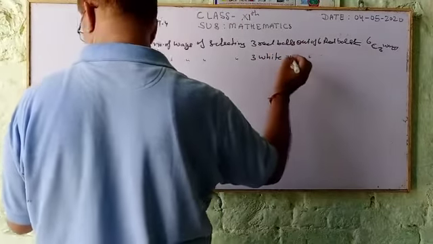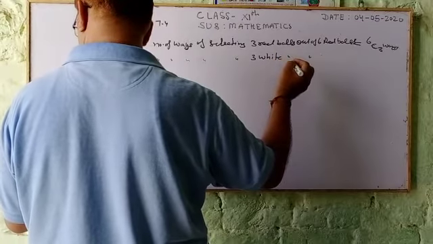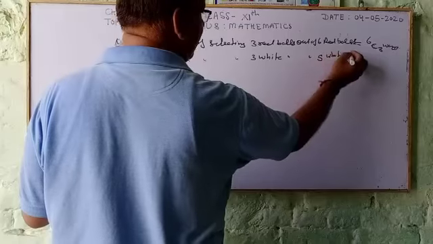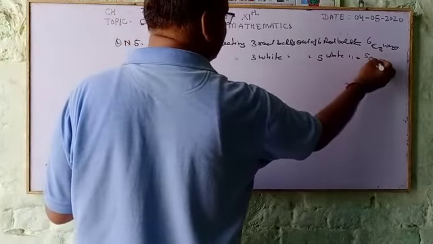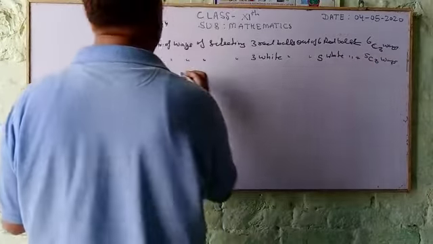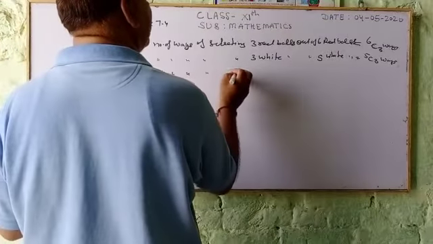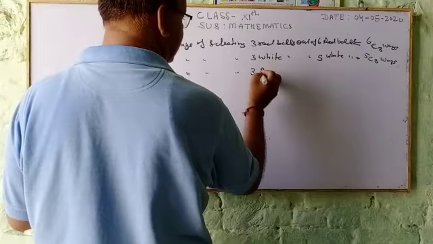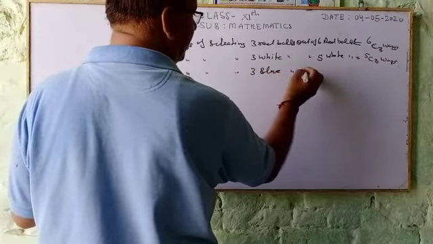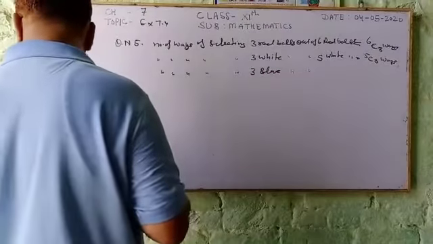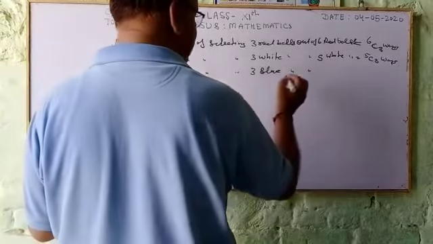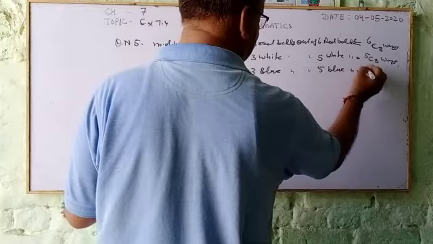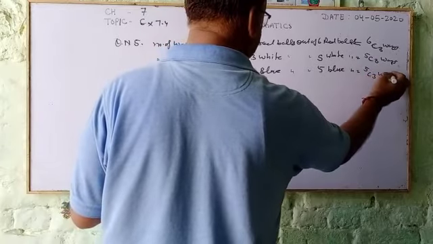out of white balls, which are 5 white balls, 5C3 ways, and number of ways of selecting 3 blue balls out of 5 blue balls, that is 5C3 ways.